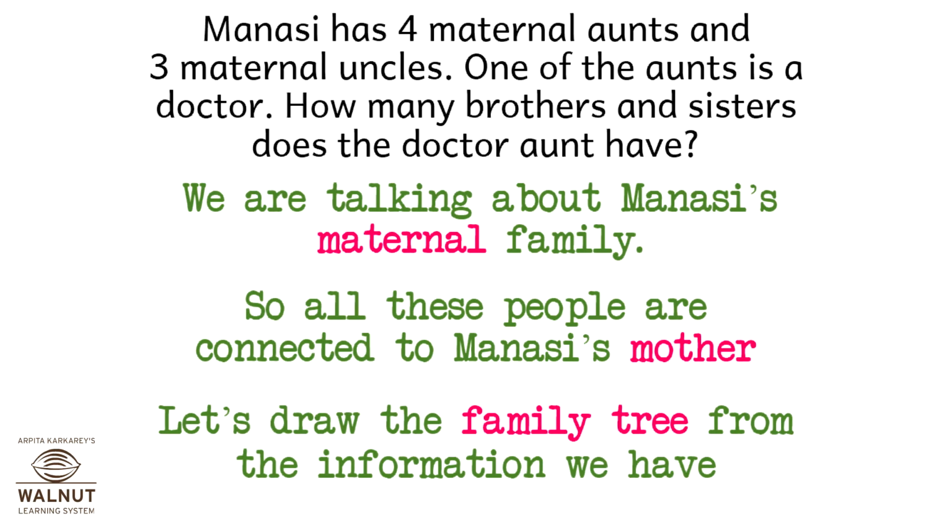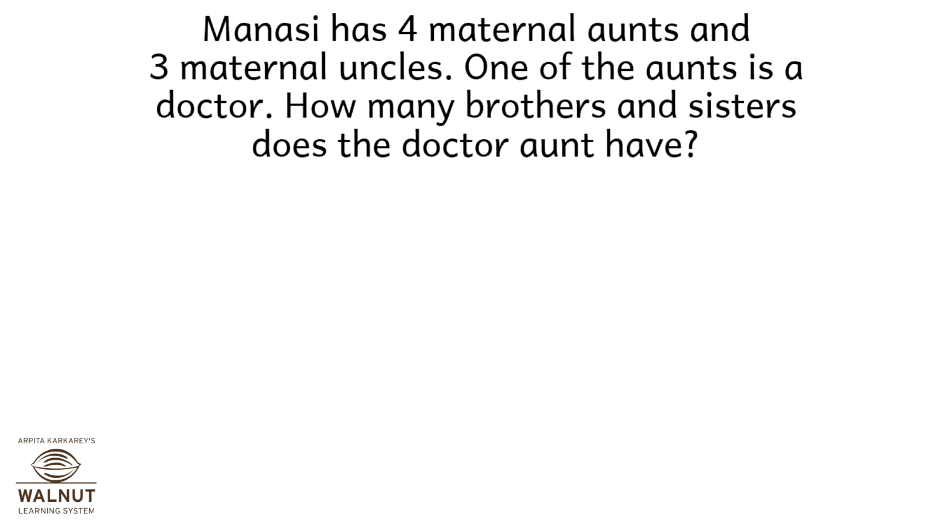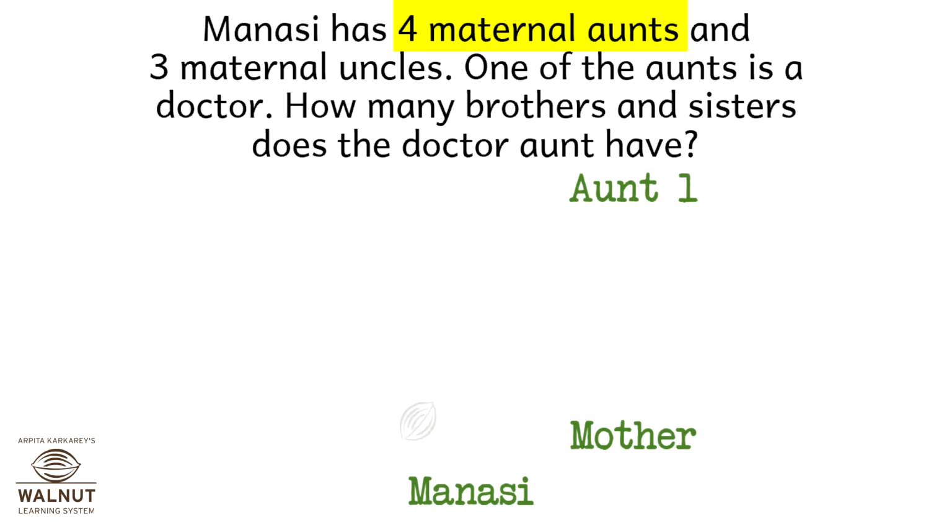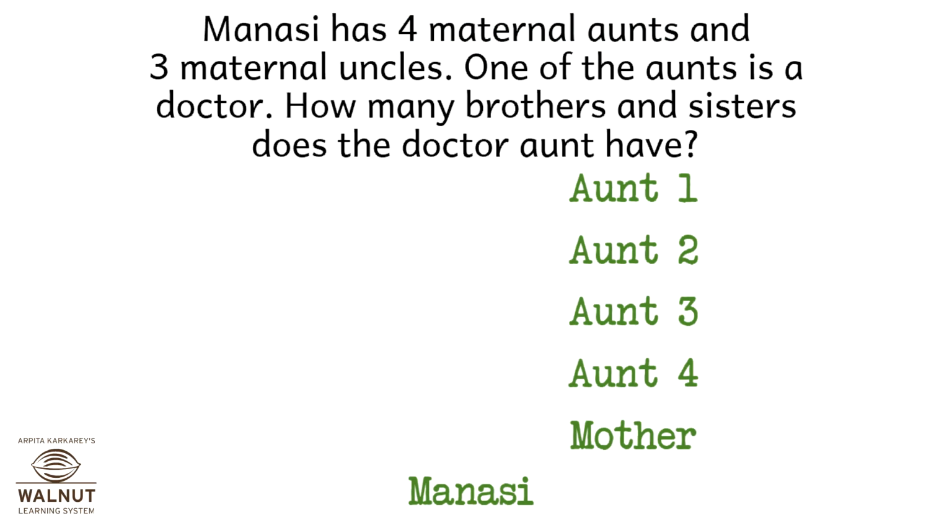Let's draw the family tree from the information that we have. Manasi at the bottom, then there's the mother, and Manasi has 4 maternal aunts. So we have aunt 1, aunt 2, aunt 3 and aunt 4. She has 3 maternal uncles.